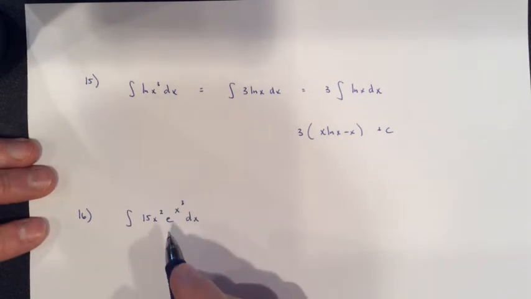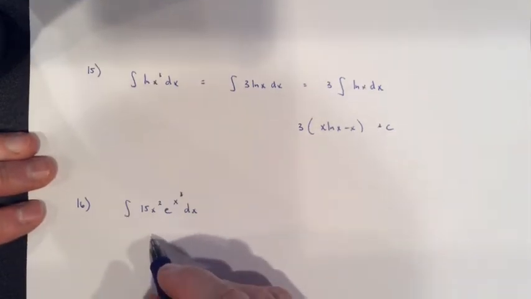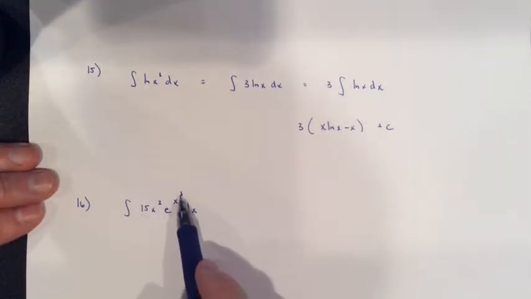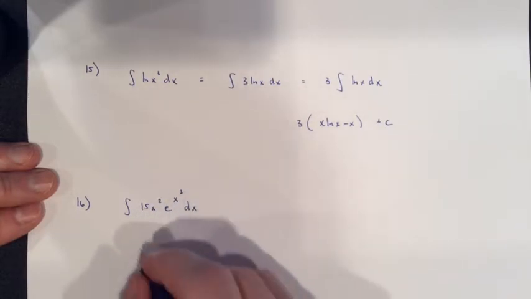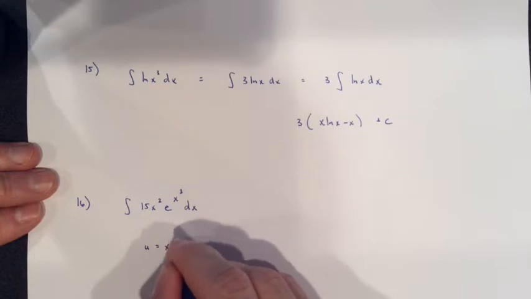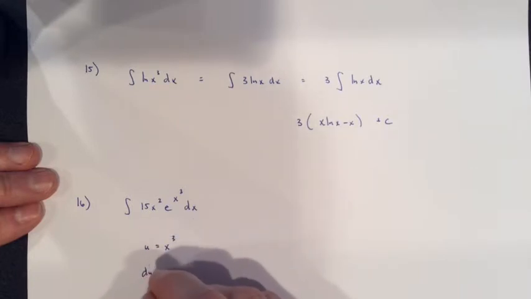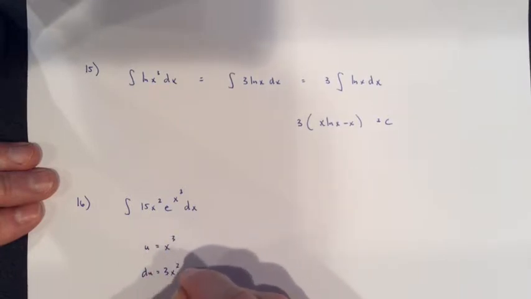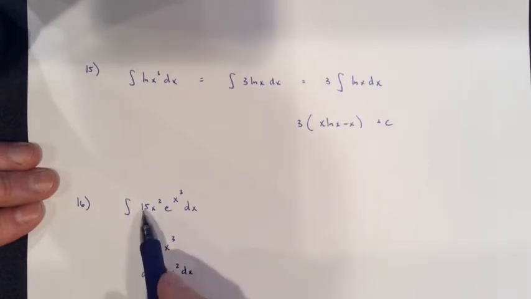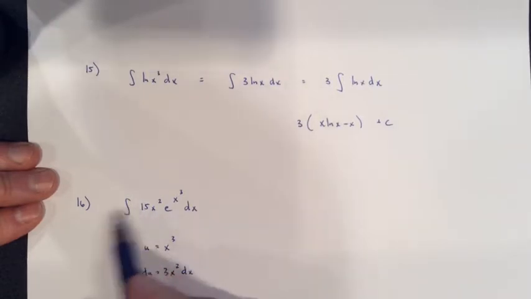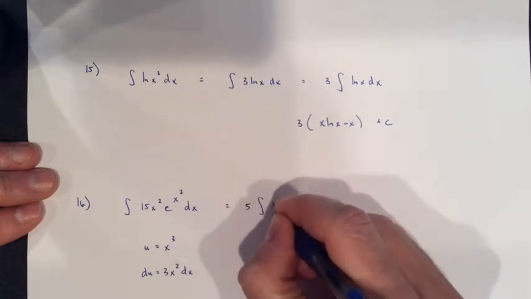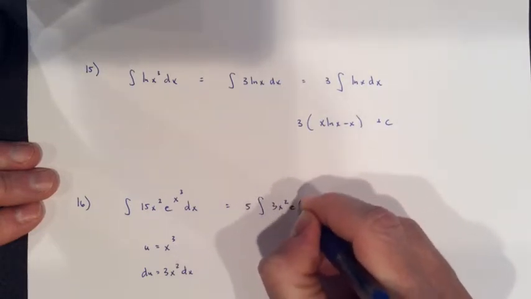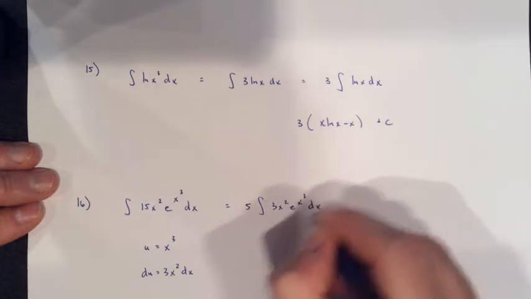And the last one, again, this might look like integration by parts, but it's not. This is x cubed and this is x squared. They play really nice together. Again, you want to make u x cubed, which makes du 3x squared dx. And you want this to be a 3, so just leave the 3, factor out a 5. So that's going to be 5 times 3x squared e^(x cubed) dx.